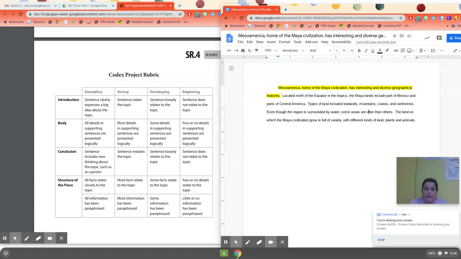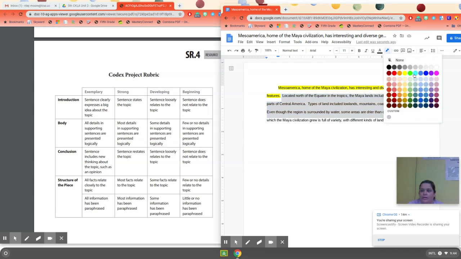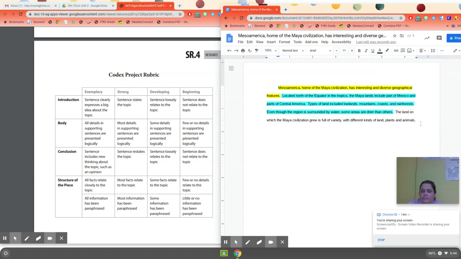Okay? Now, the next thing we're looking at is the body. The body is everything that's in between the introduction and your conclusion. So this is the body. Located north of the equator in the tropics, the Maya lands include parts of Mexico and parts of Central America.